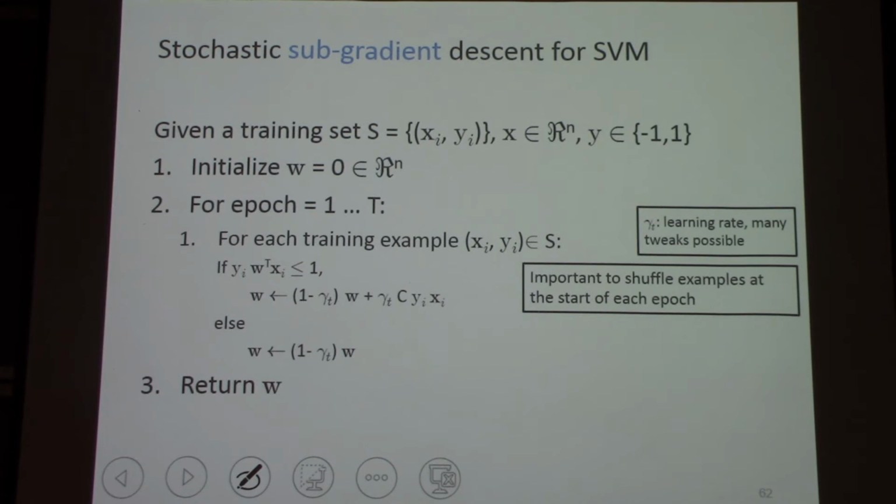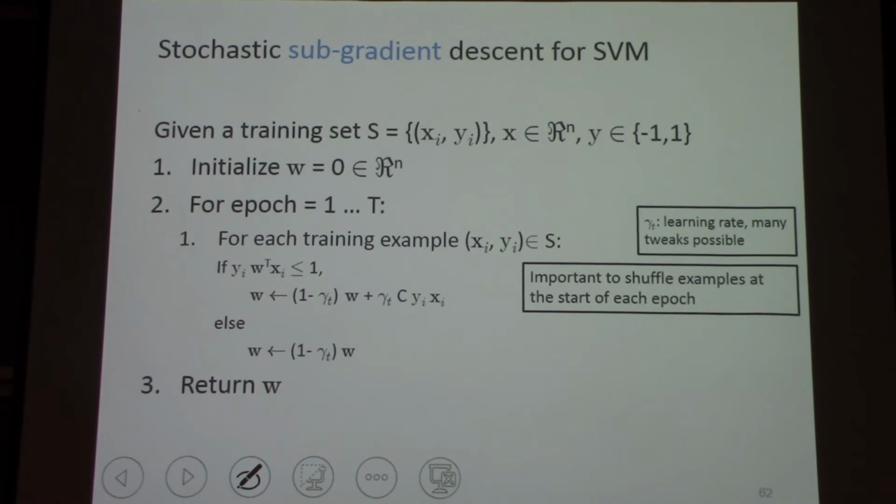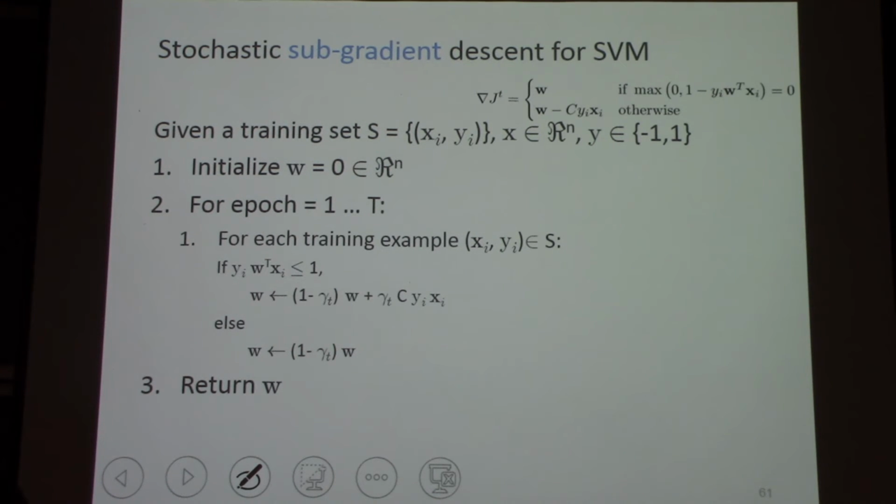Why do we scale W by 1 minus gamma and the other by gamma itself? Because look at the update. So let's consider this case. This is W. Right?